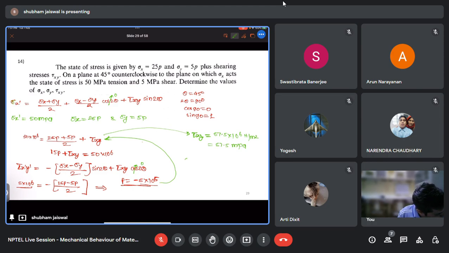And sigma x is equal to 25 into p. So 25 into minus 5 into 10 to the power 5. It comes out to be minus 12.5 MPa. Sigma y is 5p. It will be minus 2.5 MPa.